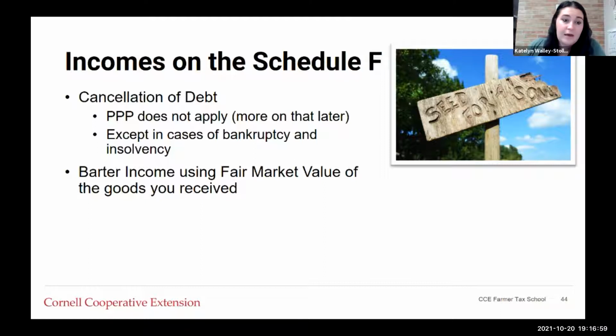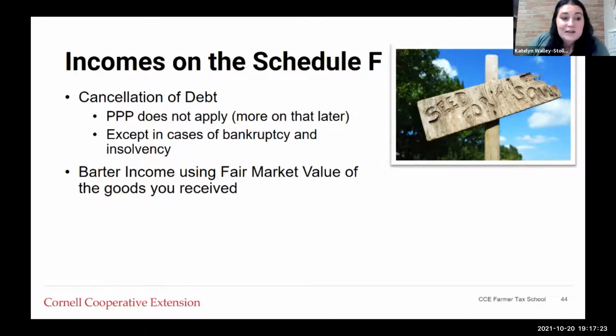The reason for that is that it costs you money as the farmer to travel to your neighbors to harvest that hay, and it costs your neighbor money to raise that beef cow. So recording the fair market values of that is important for your own farm record keeping and financial analysis, but that also does count as income.